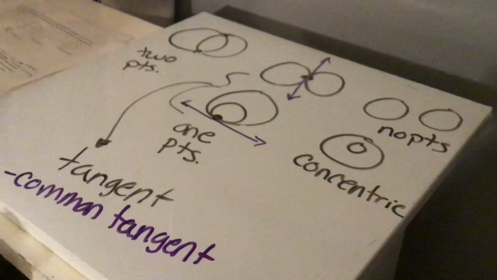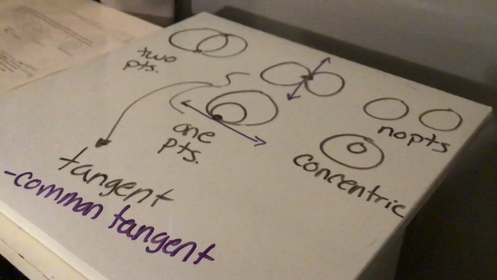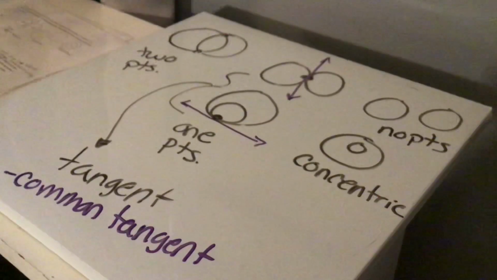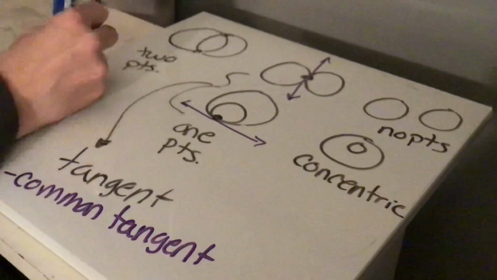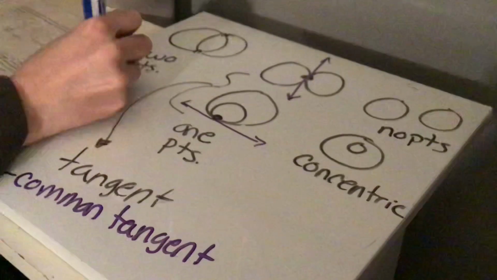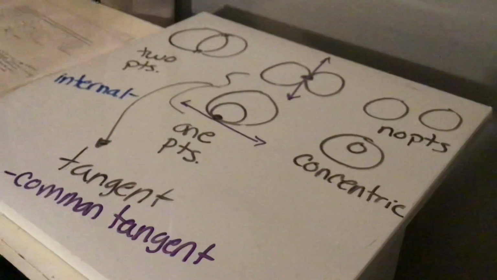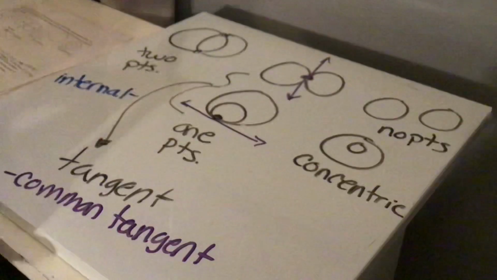This is the definition I need you to look at: an internal tangent versus an external tangent. The book has it backwards. An internal tangent is when the tangent line is in between the two circles.